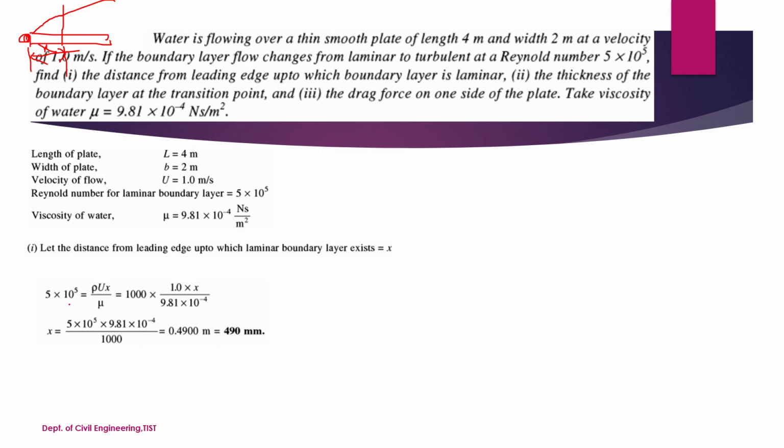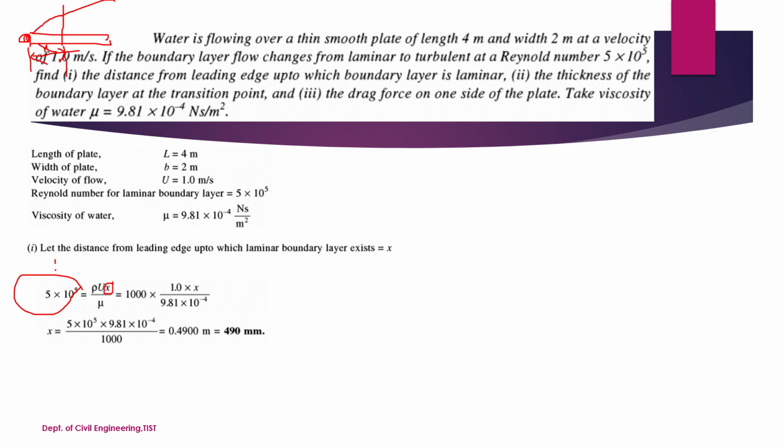So we can take the value of Reynolds number as 5×10⁵, and we'll be substituting the Re value in the equation of Reynolds number. We know that Reynolds number Re is equal to rho u x by nu. Here x can be found out from this equation. All other values are known. The only unknown is x.